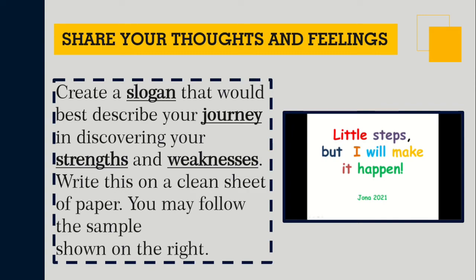So you need to write this on a clean sheet of paper, and you may follow the sample shown on the right. So as you can see on the right, there is a slogan created by Jonah. So it says here, little steps, but I will make it happen. So you can be more creative and you can make your slogan more personalized.